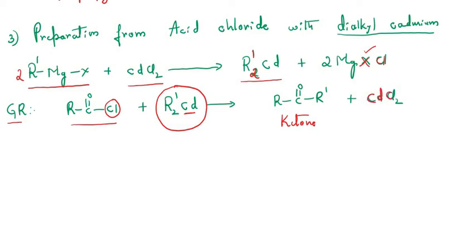I hope you are able to see the CdCl2. Chlorine is here 2 times, so therefore we have to write here 2 times, and this R followed by C double bond O becomes 2 times, so I have to write 2 molecules of ketone, that is R followed by C double bond O followed by R'. Is it clear, students?